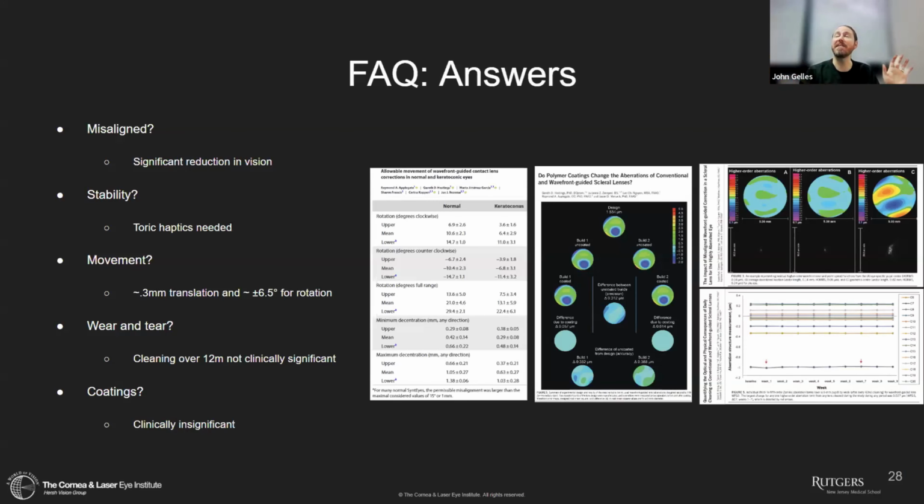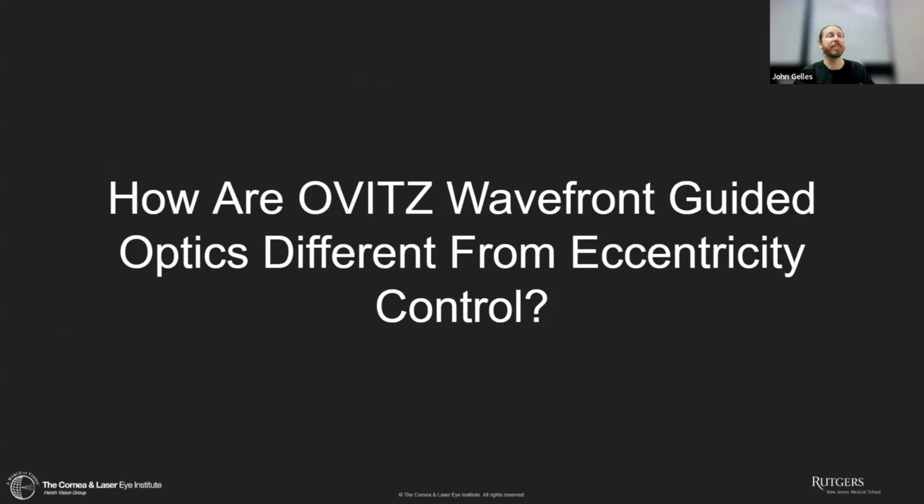These are clinically insignificant to the visual outcomes for the individual. Now, obviously, wetting of the front surface of the lens still matters, just like it does in a traditional optic lens. So having a lens that wets is still very important, but adding a coating like Hydra-PEG is not going to affect the performance of the wavefront guided optic itself.